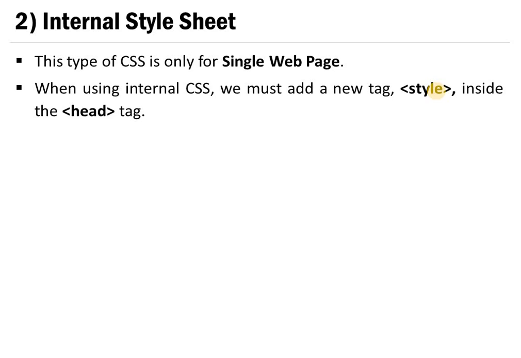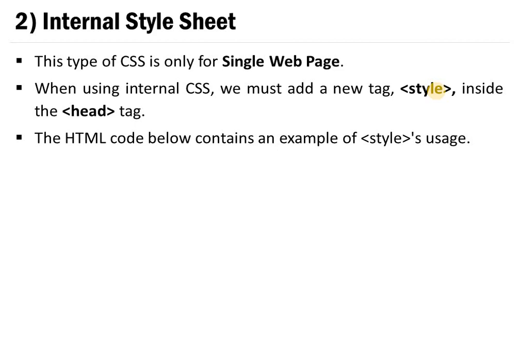I have set some properties, for example, for the p paragraph tag, the table tag, and for body. So whatever I have set will be applicable to that page only, home.html only. Now if I link this page using a hyperlink to another page, then it will not be applicable to that one. So this is the internal style sheet.